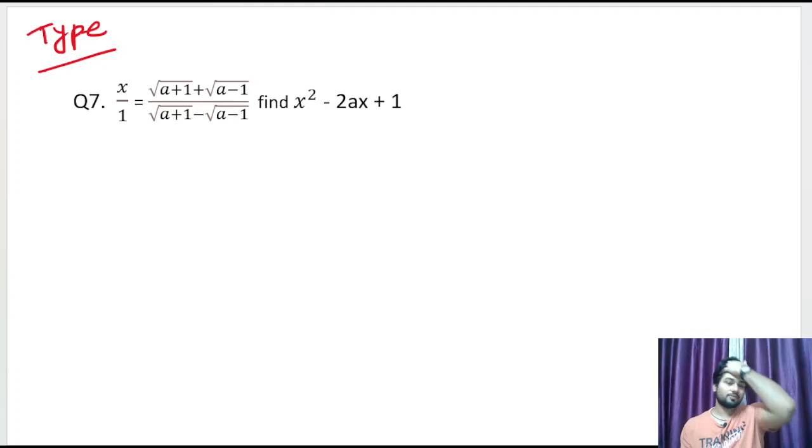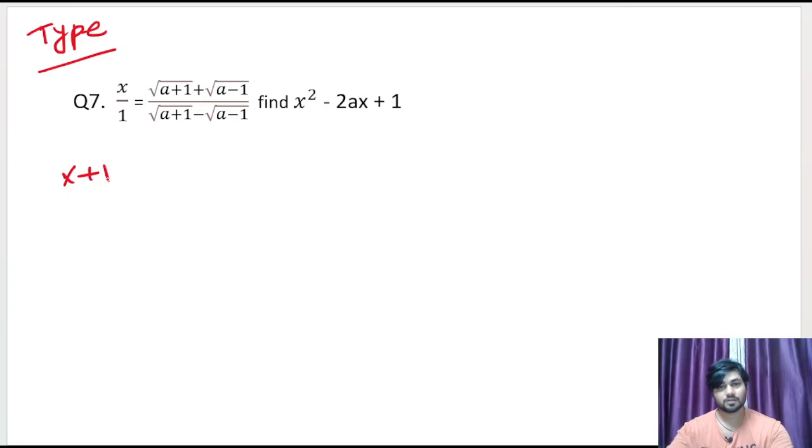Definitely I can see that whenever it is written x upon 1, it means we should apply something related to componendo and dividendo. That is for sure. Now, how to apply? See. Let's simply take c and d as x plus 1 and x minus 1.